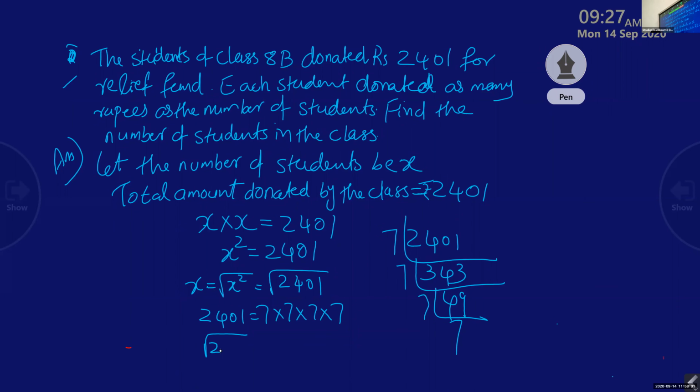Root of 2401 equals, from here we take a 7 and from this a 7, so it is 49.